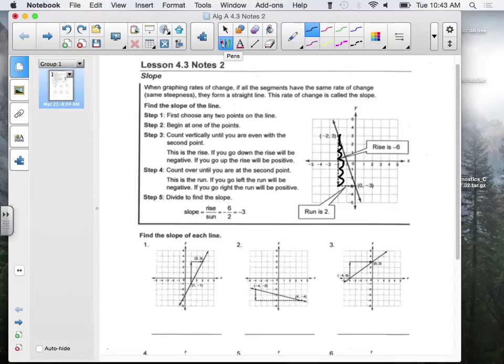You go down 6 spaces in order to be level with that other point that's on the line. So that's our rise, just like Noah said. If you go down, the rise will be negative. If you go up, the rise will be positive. So we went down, so our rise is positive or negative? Negative, right? And we went down 6, so our rise is -6.